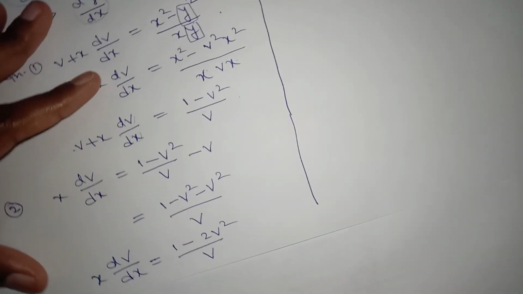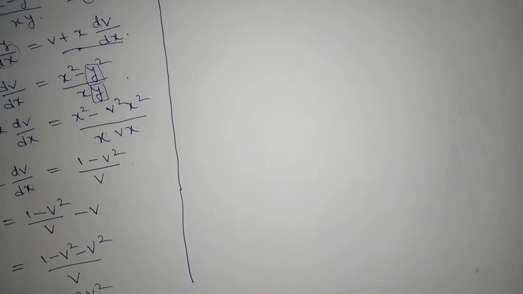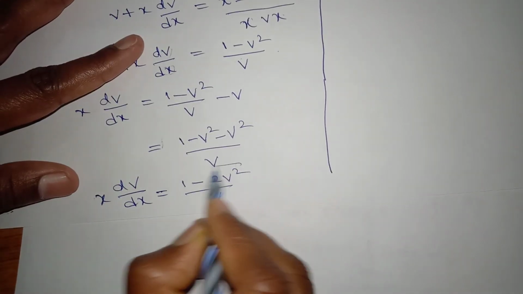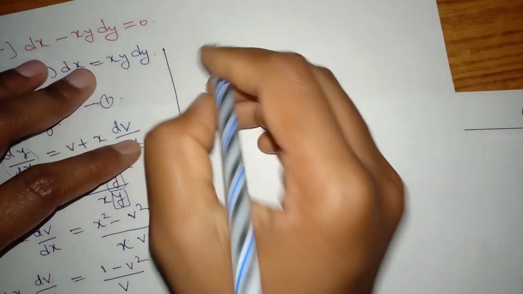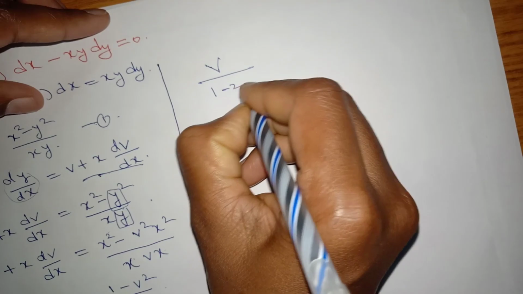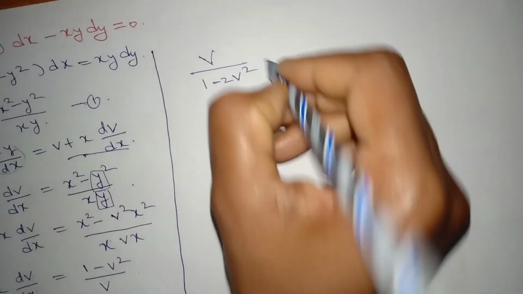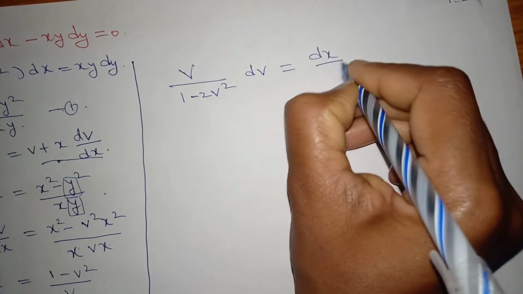Now separate these x functions and v functions. Taking this complete term towards the left hand side, this will become v by (1 minus 2v square) into dv equals, taking dx by x towards the right, dx by x.